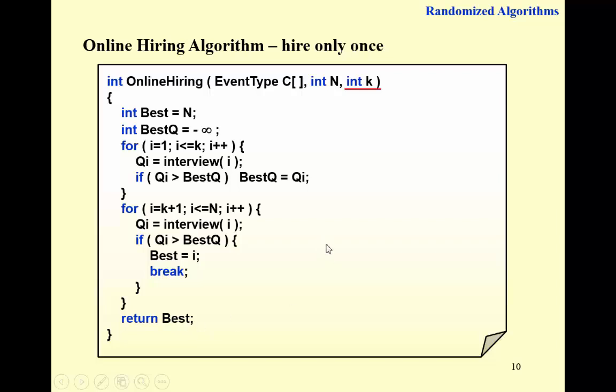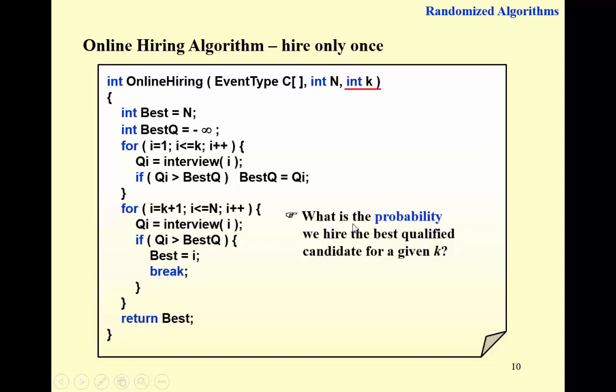And therefore we have two questions to answer. One is, what is the probability that we hire the best qualified candidate for a given K? Fix any K. What is the probability that we are really hiring the best one? The second question is, what is the best value of K to maximize the above probability?